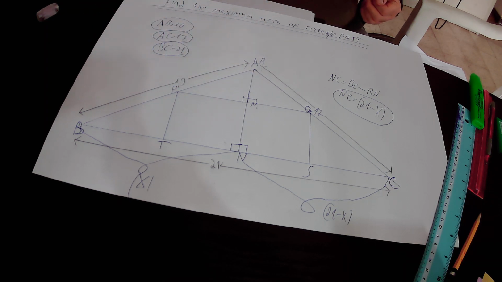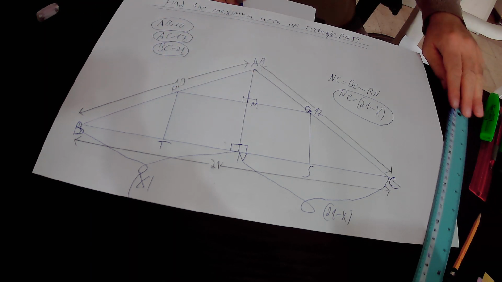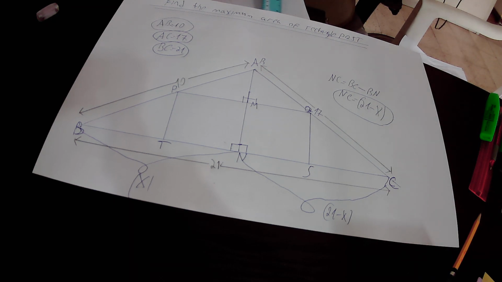Here PT is the abbreviation for Pythagoras theorem. According to the Pythagoras theorem, in any right triangle, the square of the hypotenuse equals the sum of the squares of the perpendicular sides.